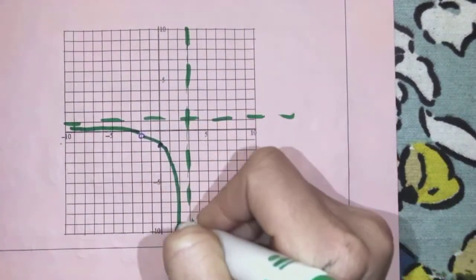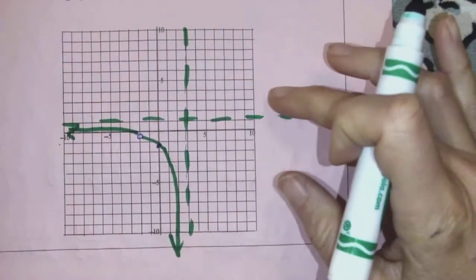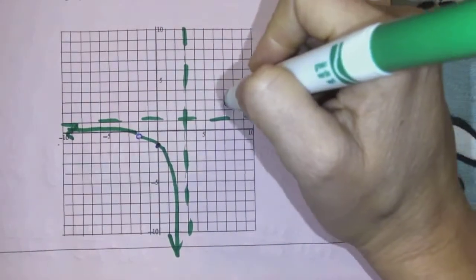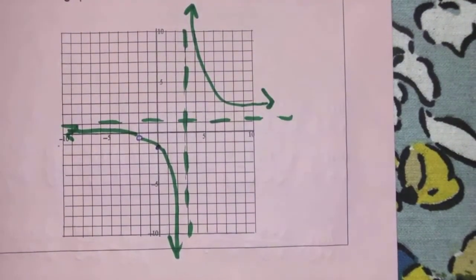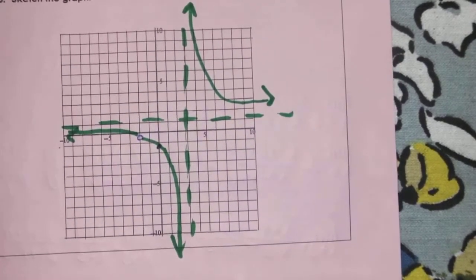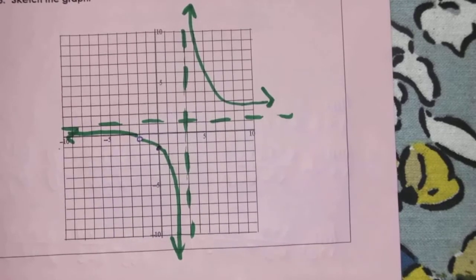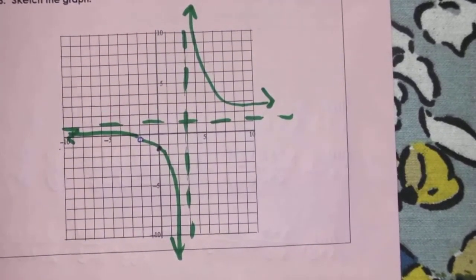Just connect the dots and put in your swoosh. On the other side, it was positive infinity. So that means it needs to be on the top. Now, if you would go to your calculator and graph our function from the beginning, which you cannot do on your quiz, it would look like this. And that is the end of the 5-step process for putting it all together.